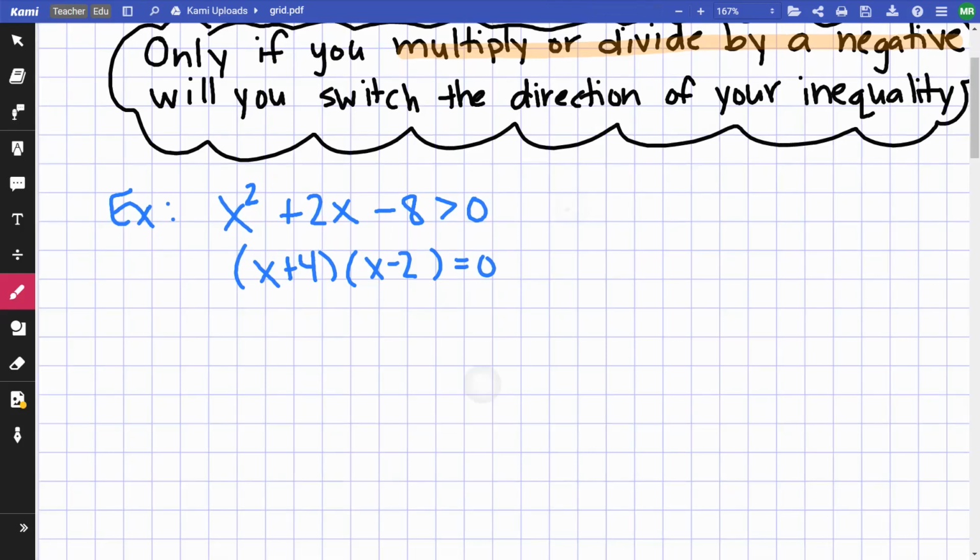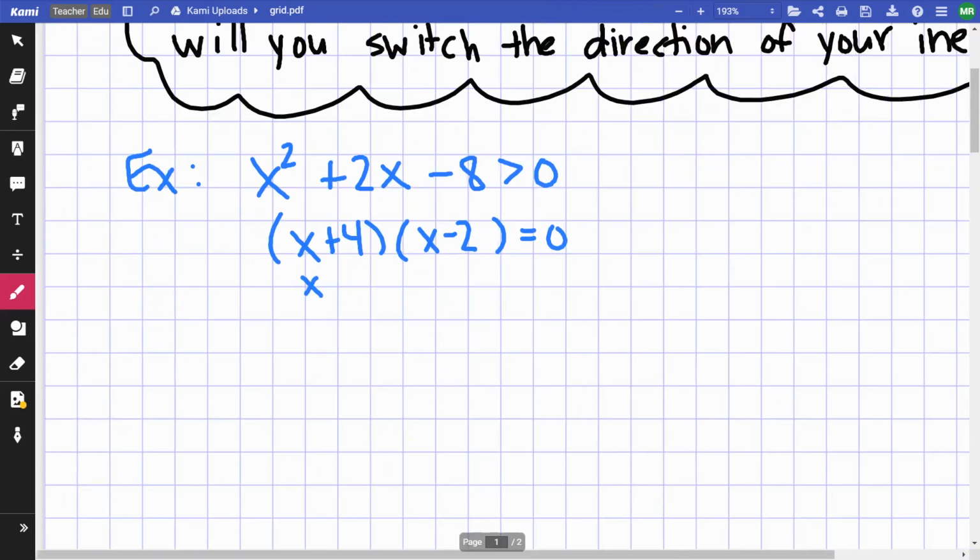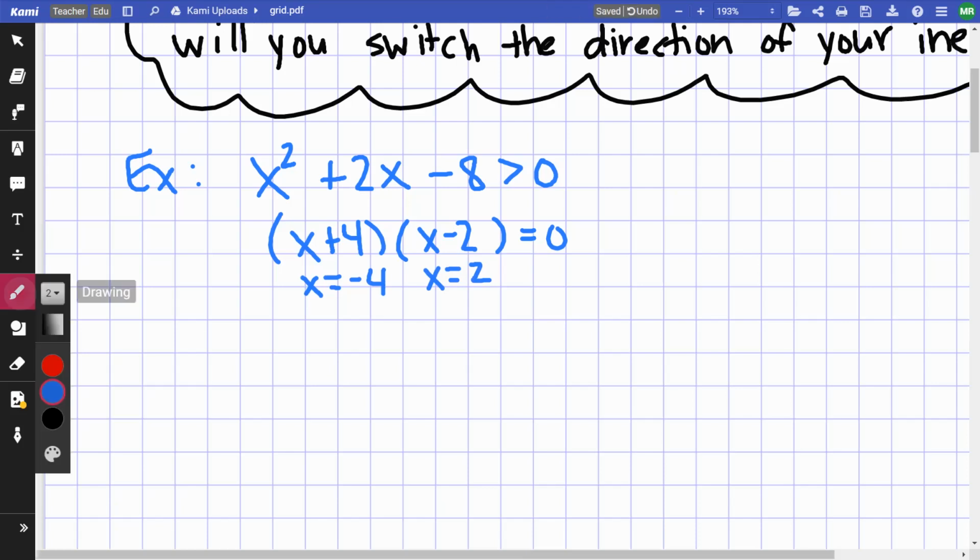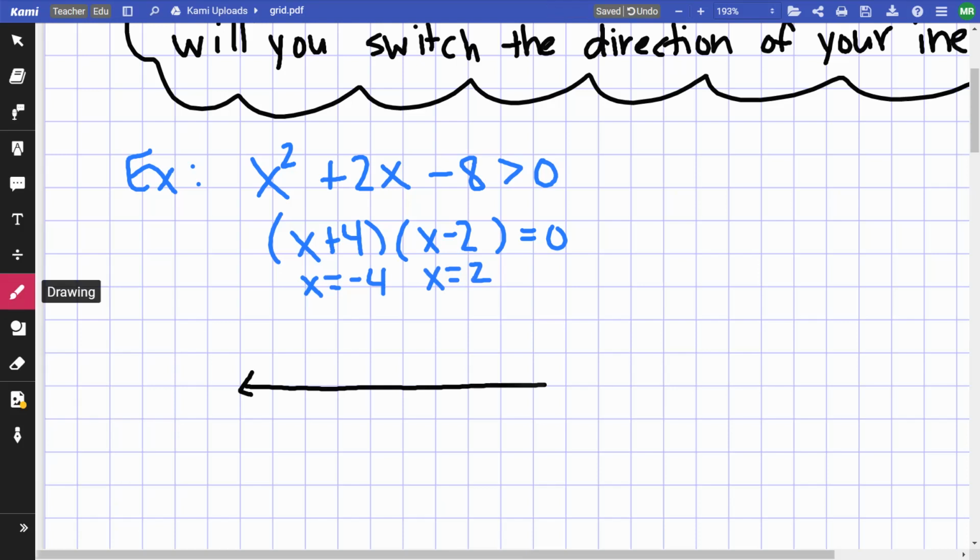So now what is going to make the first one a 0? Well, that's going to be a -4. The second one's going to be a +2. Those are going to be my boundary points on my number line. So I'm going to have a -4 and a 2.